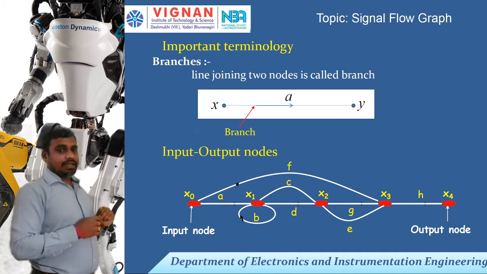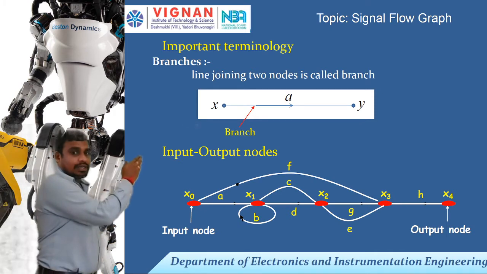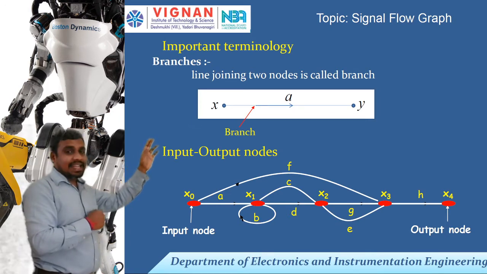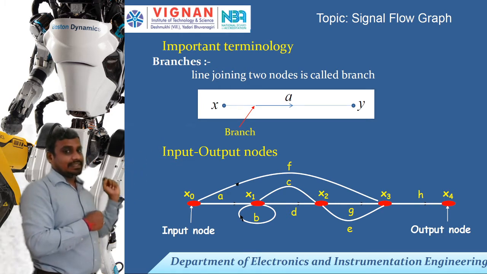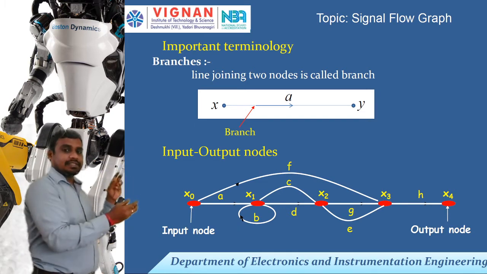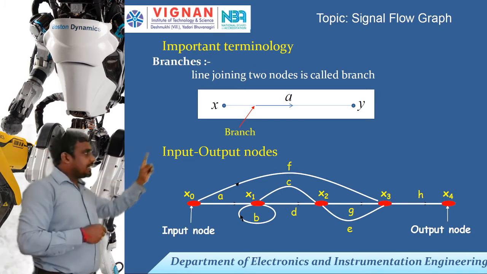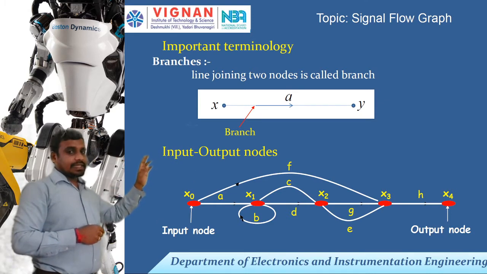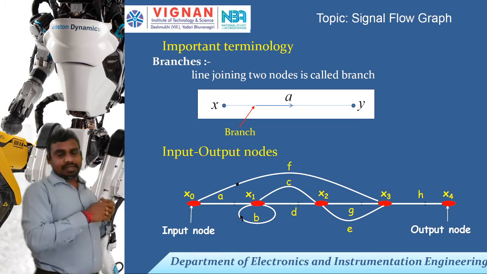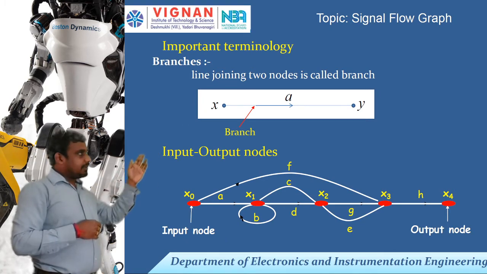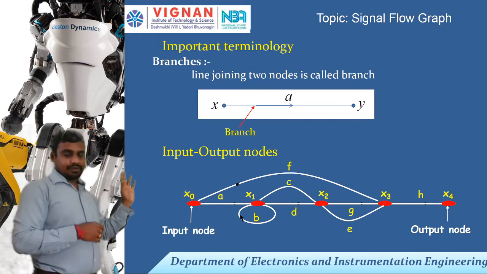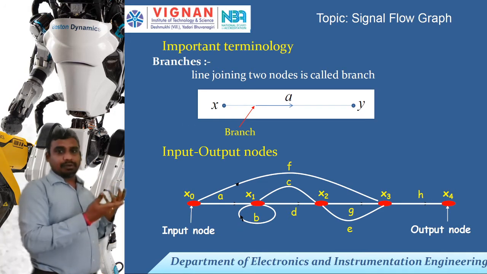When it is traveling from x1 to x2, the gain is C, and when it is traveling from x2 to x3, the gain is E. Each and every branch in between has a certain gain. Between x2 and x3, you can see gain E as well as G, depending on the path it travels. It may travel from x2 to x3 via G, or via E. So the direction is important, and the path is important.